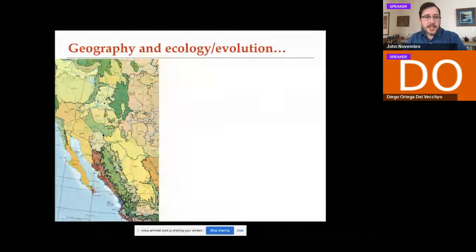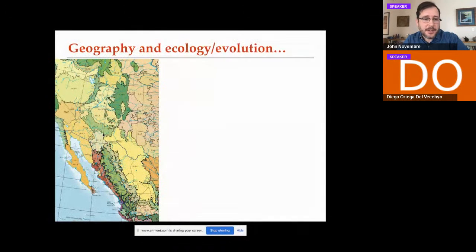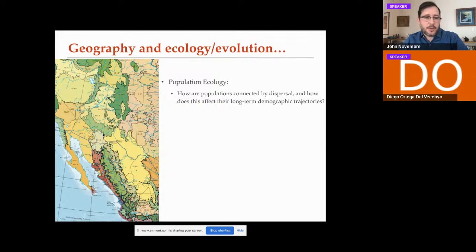So a key topic of interest of mine is geography and ecology and evolution, broadly speaking, across organisms. I tend to do most of my work in humans, leveraging large-scale human data sets, but I come from an evolutionary biology background. There are a lot of questions where genetics and geography, ecology, and evolution all intertwine. And so in population ecology, we're often interested in asking, how are populations connected by dispersal?